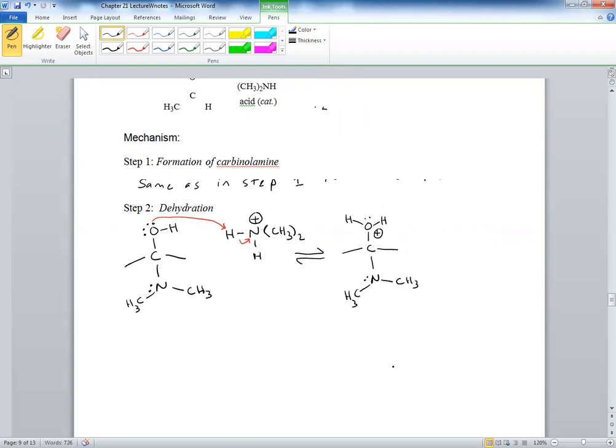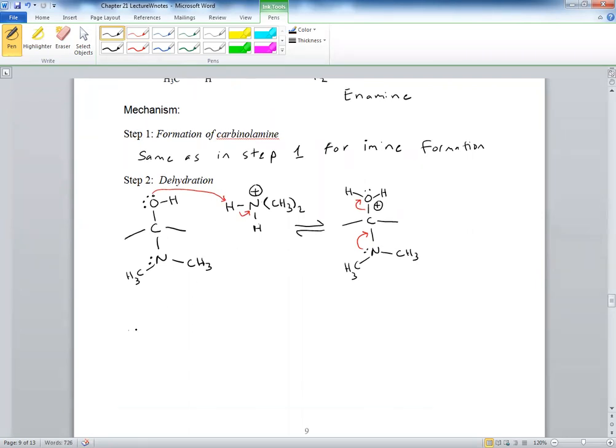You can probably predict what the next step will be. Once again, you follow really what you did for the last one. So this lone pair comes down, forms a double bond, and then the water is kicked out. Let me bring them down here so we can have more space.